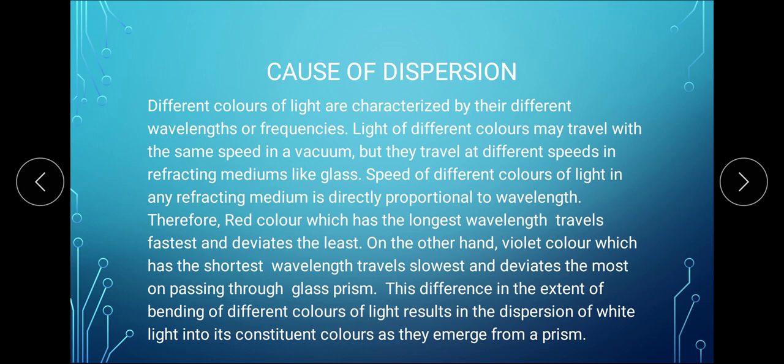Students, different colors of light are characterized by their different wavelengths or frequency. Every color has different wavelength, but all the colors of light travel with same speed in vacuum or air. But the moment they enter any transparent medium, any refracting medium like glass, their speed changes as per their wavelength.